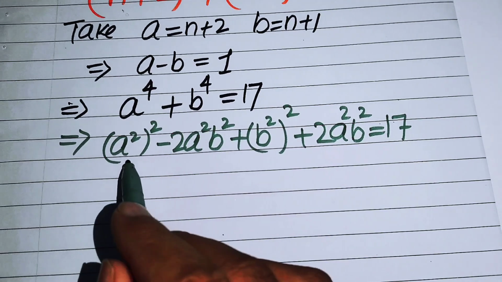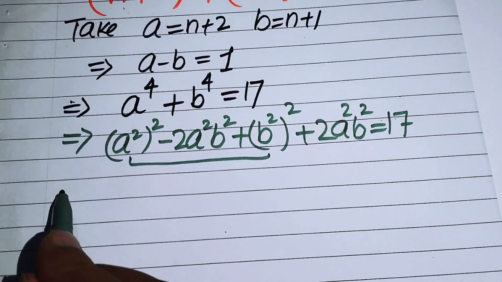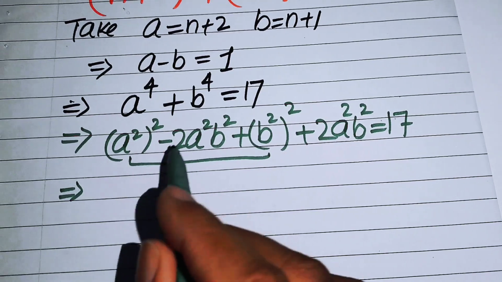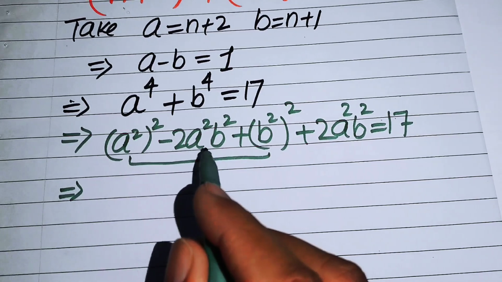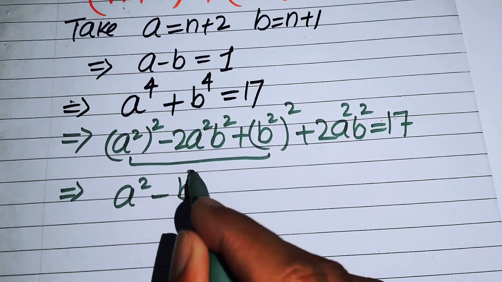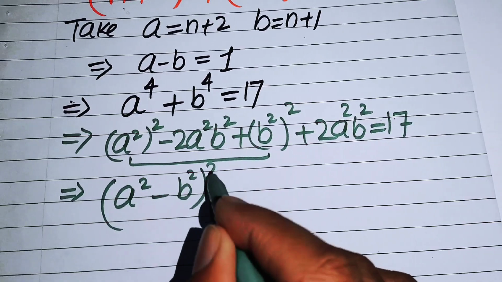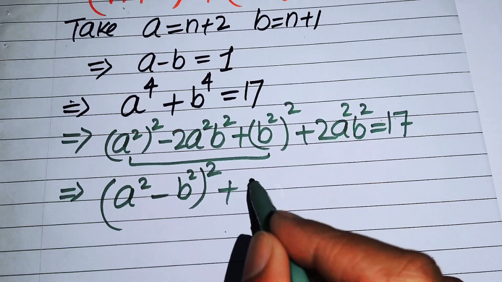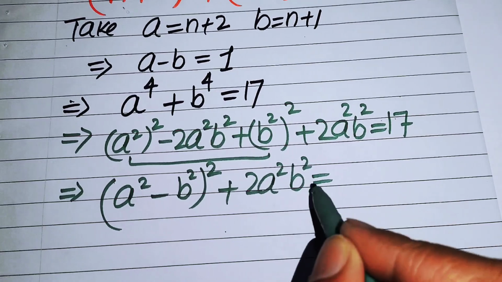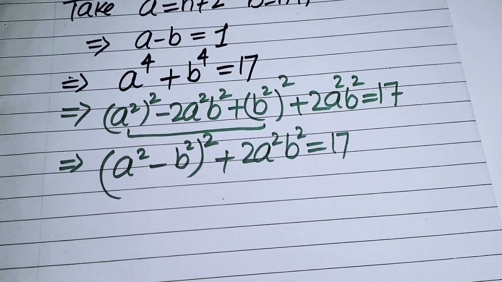And now you will focus on this term, and when we make the complete whole square of this term, it equals (a^2 - b^2)^2, and here you have plus 2a^2 b^2 equals 17.